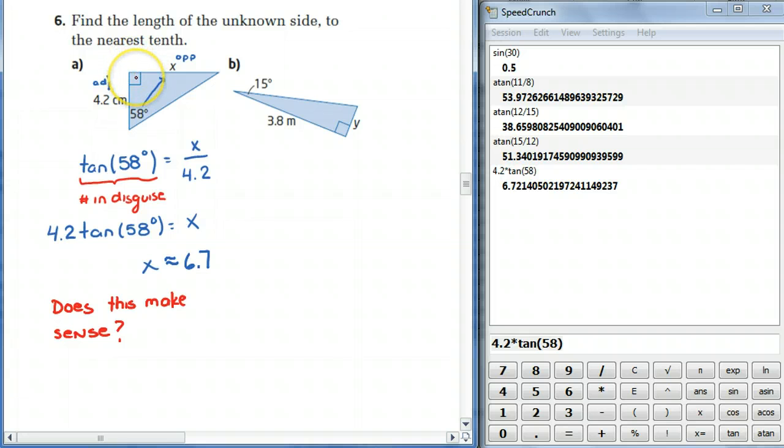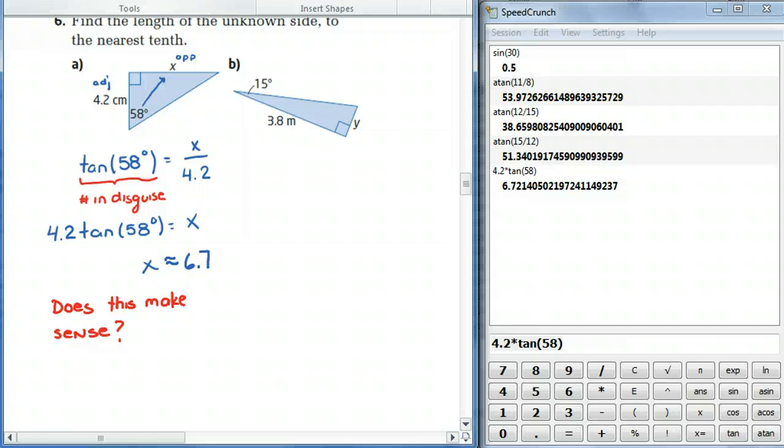But the extension of that idea is that the largest angle is across from the largest side, and the smallest angle is across, or opposite, from the smallest side. So if 58 degrees is the angle here, we know that this angle will be less than 58 degrees, meaning that x should be larger than 4.2 centimeters.